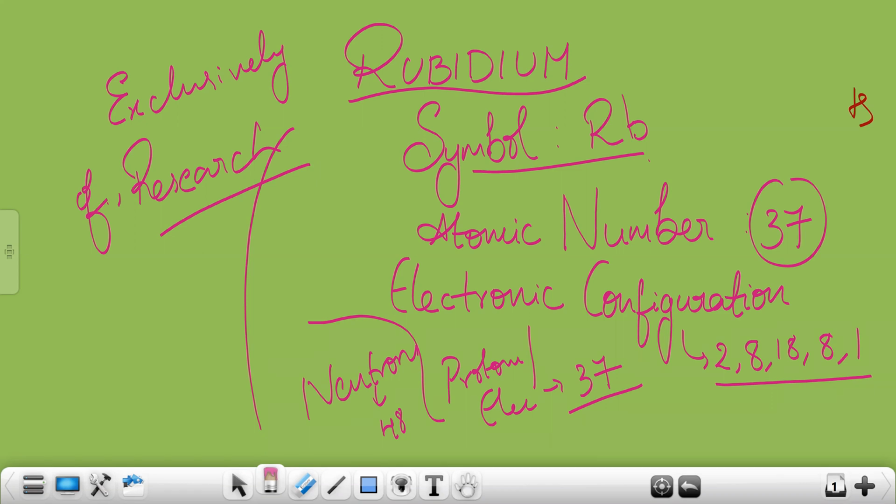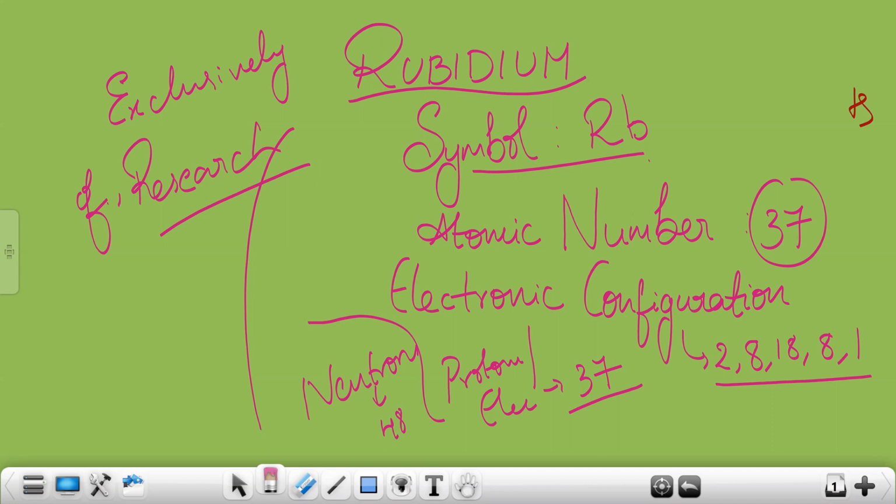Rubidium is used in vacuum tubes as a material that removes some traces of gases. These are all things you will learn in higher classes.